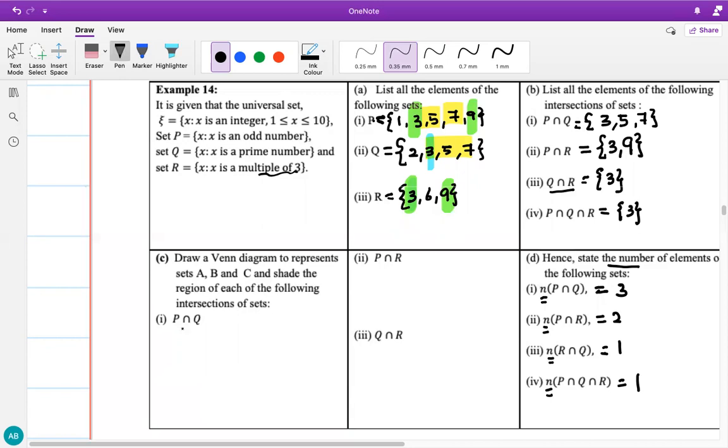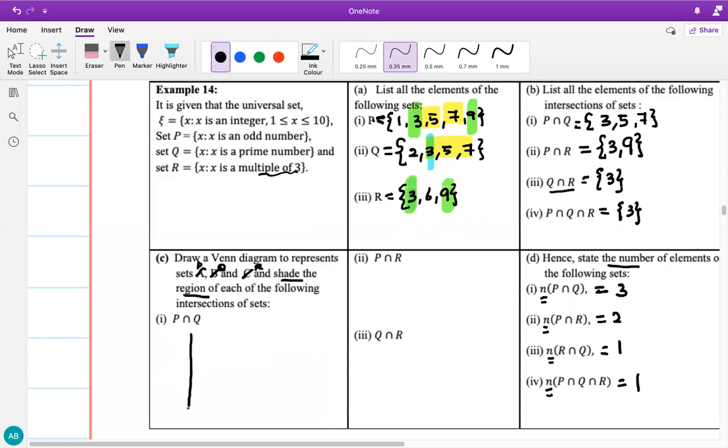Now we need to draw a Venn diagram to represent sets P, Q, and R, and then we're going to shade the region. So there are 3 sets inside the universal set. We start off with the universal set.